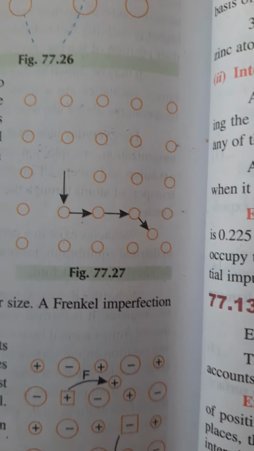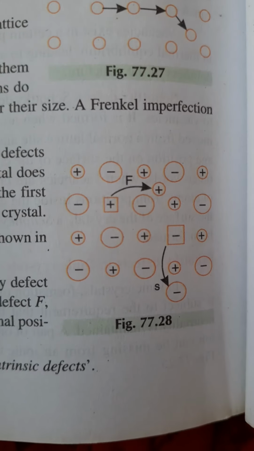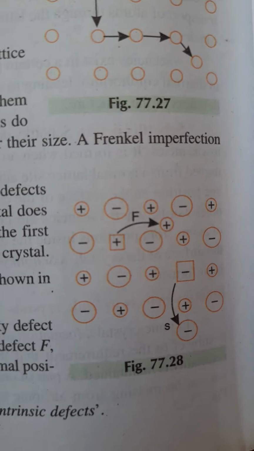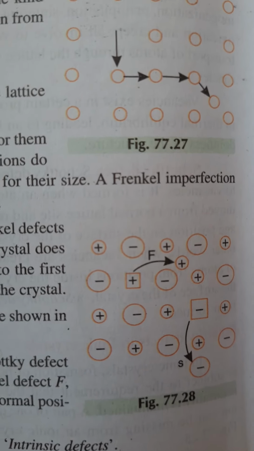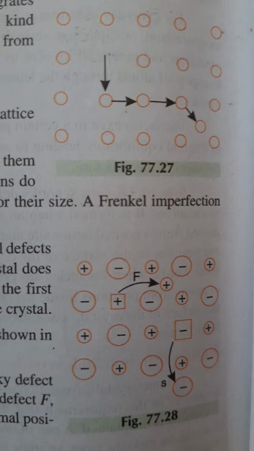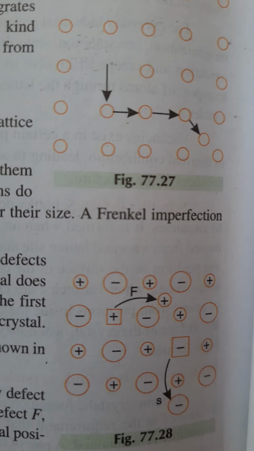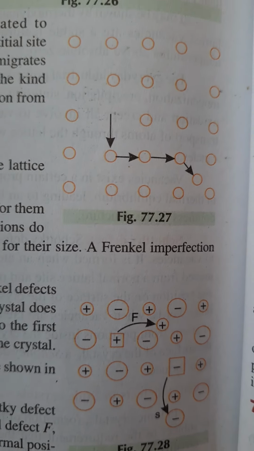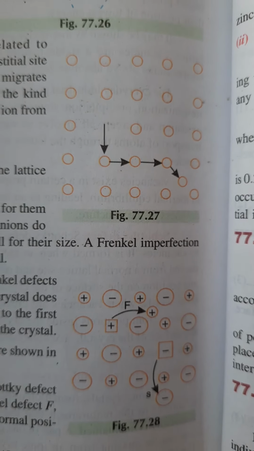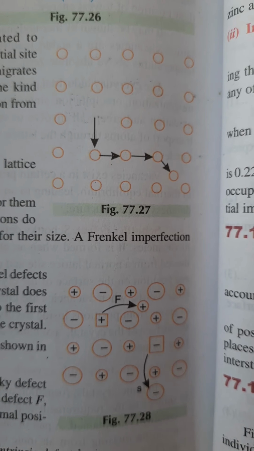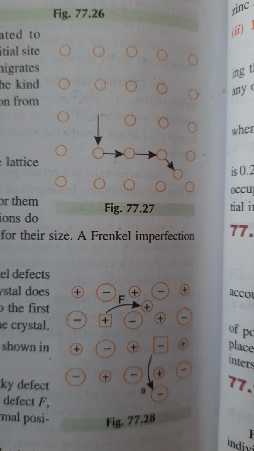Here what happens, you see this, in an alkali halide, a positive ion has moved from this point to this, and the negative has moved from this point to this. When they move like this, it is not moving to the surface like Schottky defect.